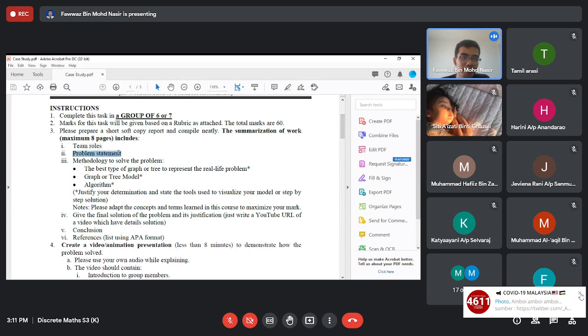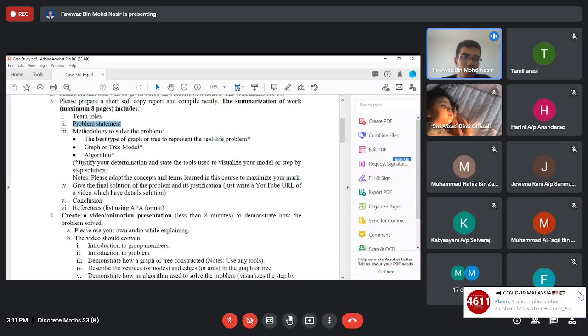Dan nyatakan problem statement, methodology to solve the problem, okay. Korang pakai apa, algoritma apa dan sebagainya, okay. Real life problem apa yang korang pilih, okay. Graph or tree model yang korang boleh derive from that real life problem, and algorithm yang korang pilih untuk solve problem yang korang dah choose tu.